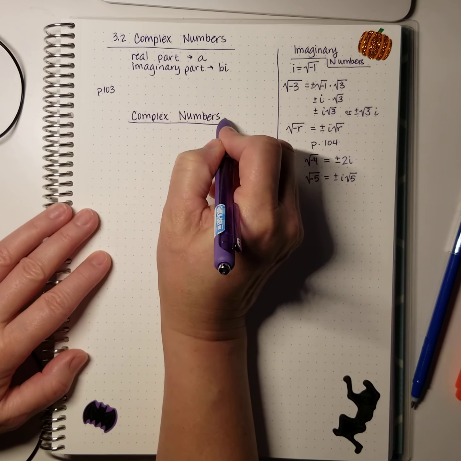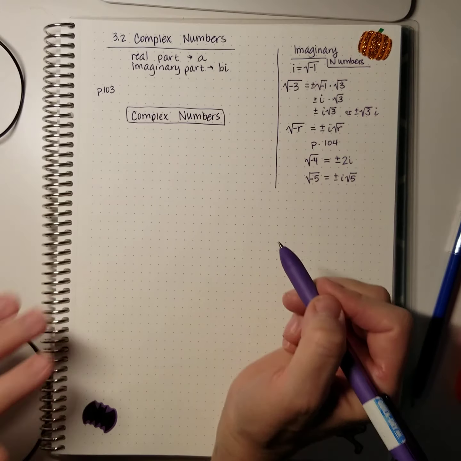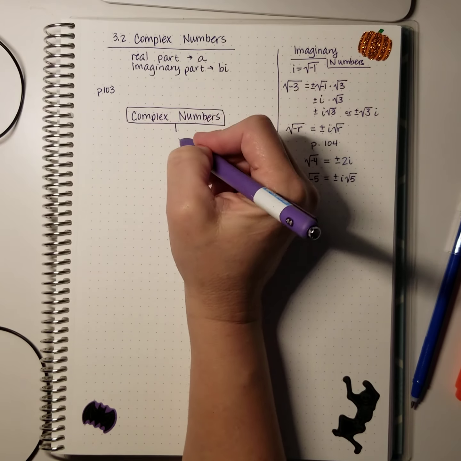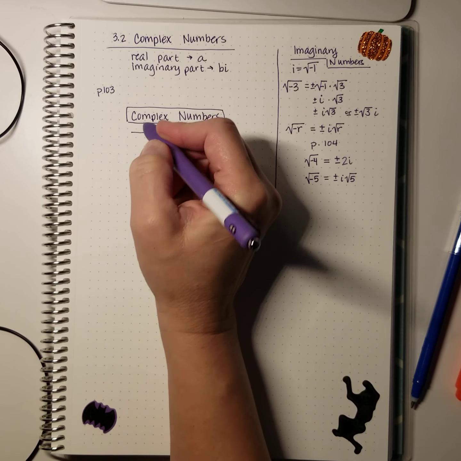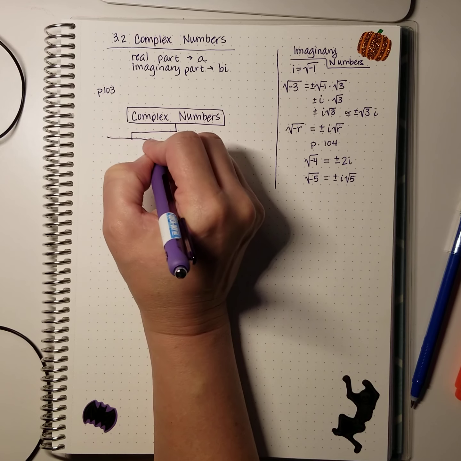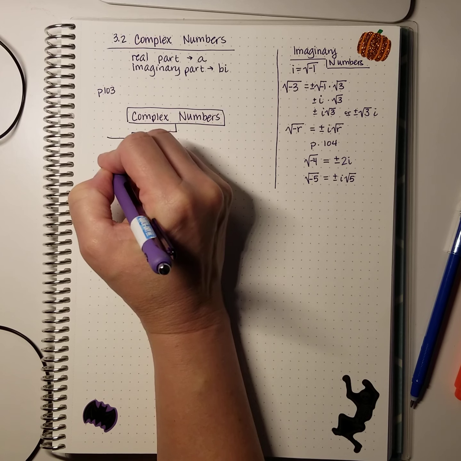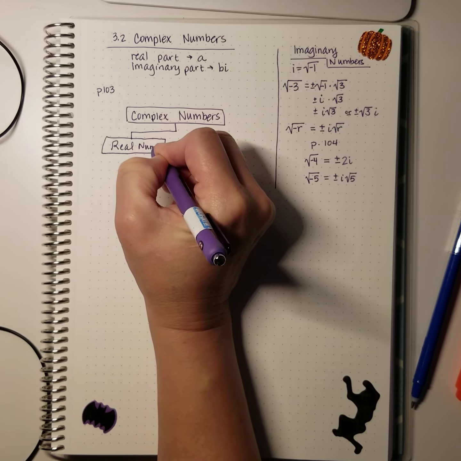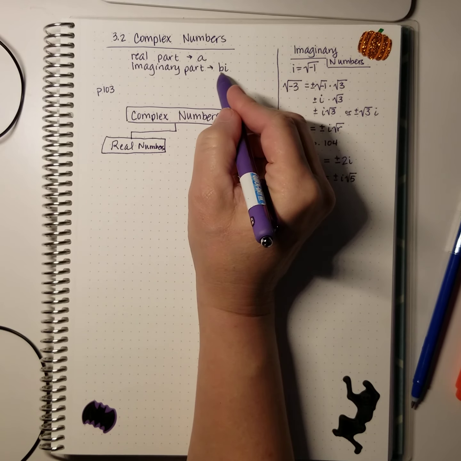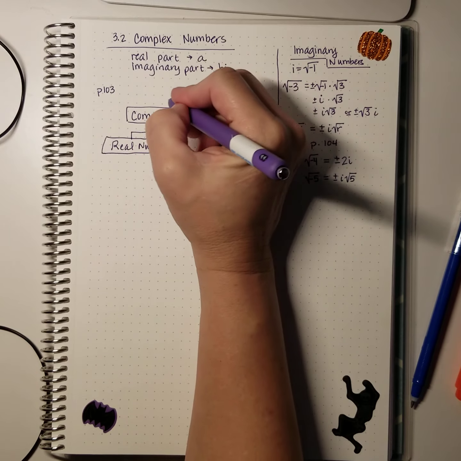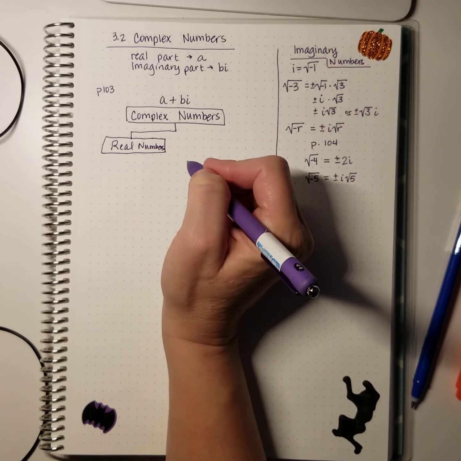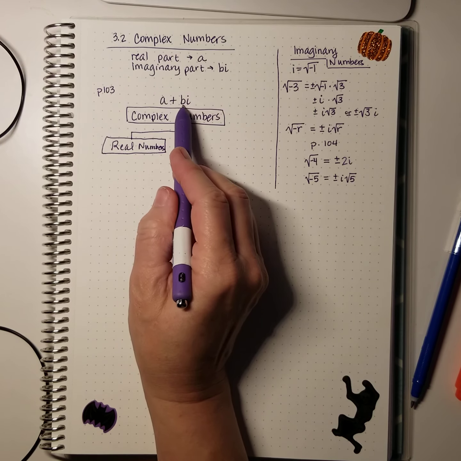Okay, so every number is really something that could be thought of as complex. You would have this branch of numbers that are real, meaning that in this formula, b would equal 0. So complex numbers have this a plus bi shape. And so in this case, for real numbers, the b would equal 0.